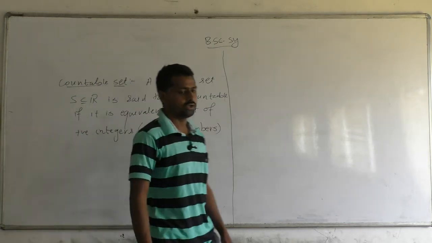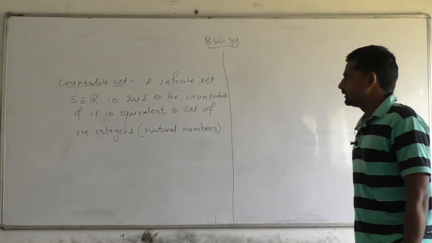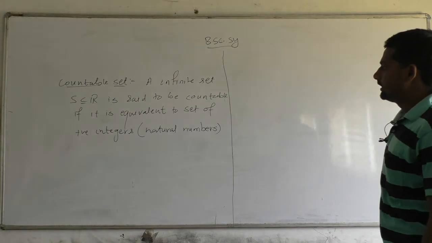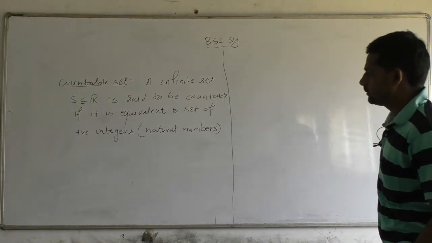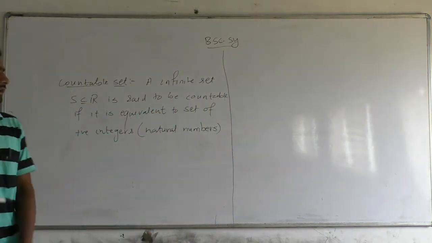An infinite set is said to be countable if it is equivalent to the set of positive integers, that is, equivalent to the set of natural numbers.